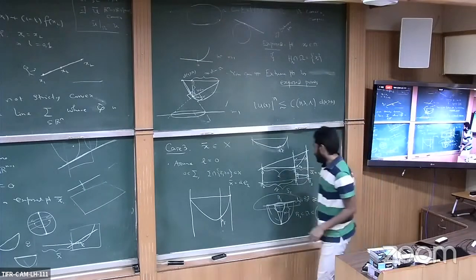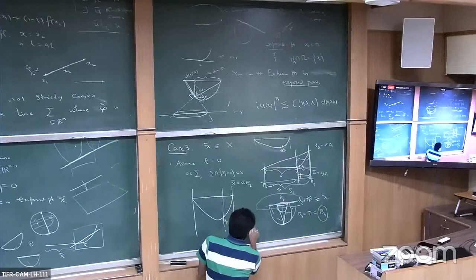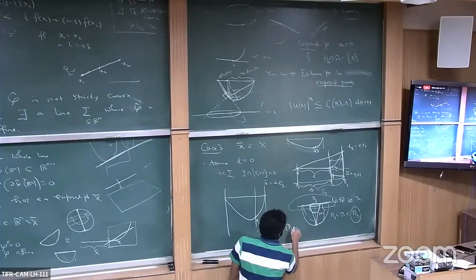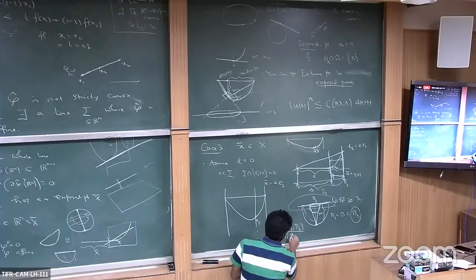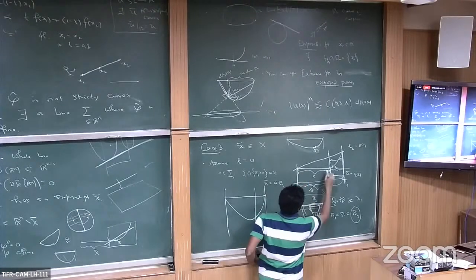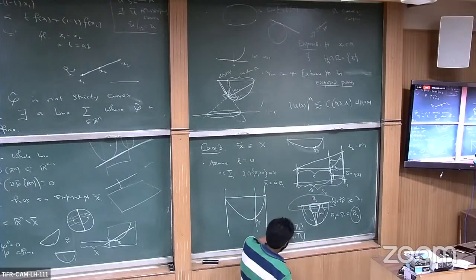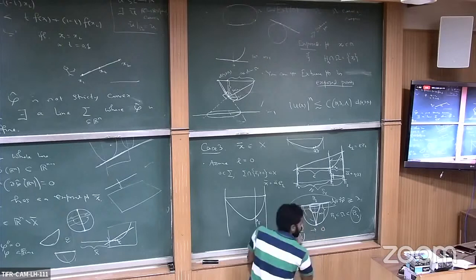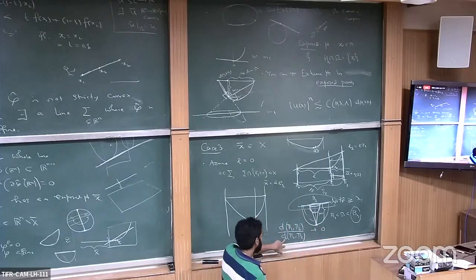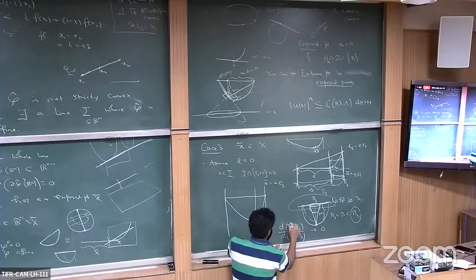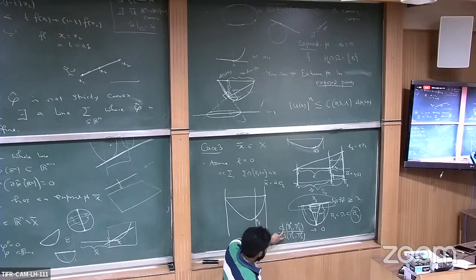Okay. So the ratio, the distance between phi 1 and phi 2, and the distance between phi 0 and phi 2. So this is at least a, and this goes to 0. And when you normalize, it will preserve the ratio. So after normalization, it will preserve the ratio, so this will also go to 0.